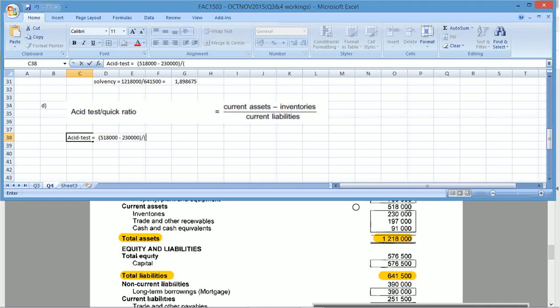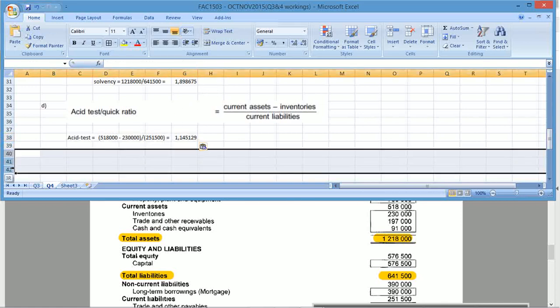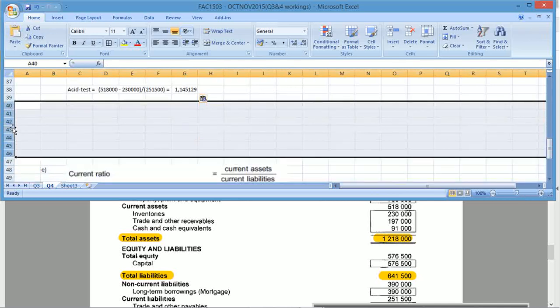All divided by, open brackets, current liabilities, there it is, 251,500. Close brackets equals 1.14 as a test. Is that right?